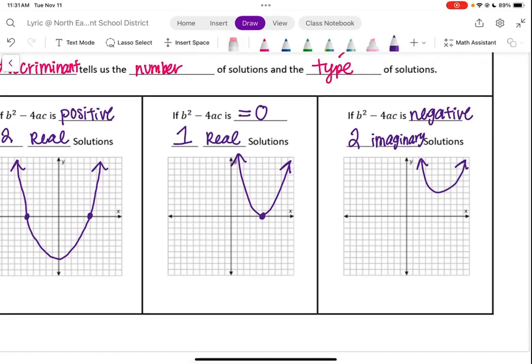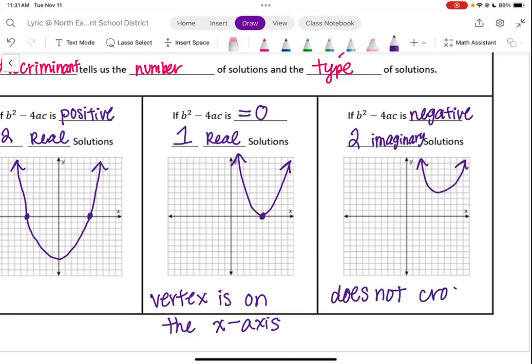The one that equals 0, the vertex is on the x-axis. And where we have two imaginary solutions where the discriminant is negative, this parabola does not cross the x-axis.